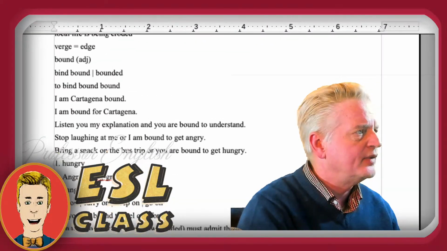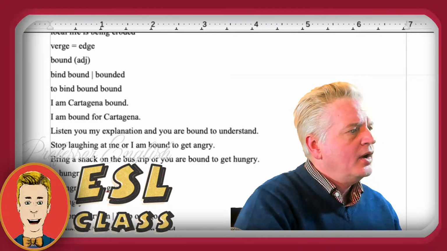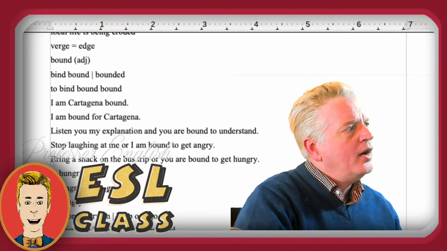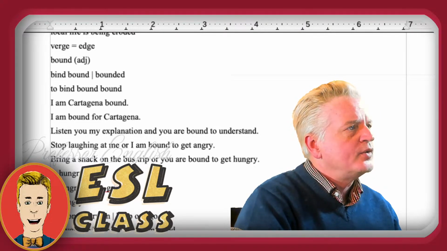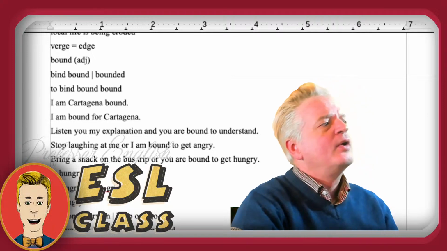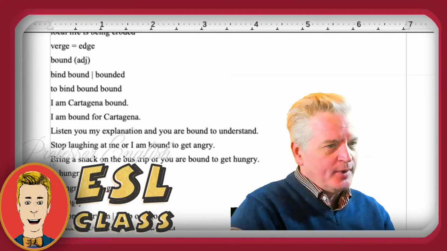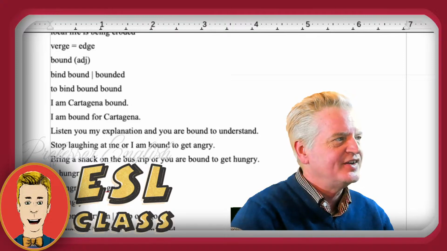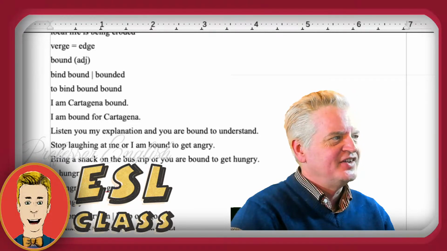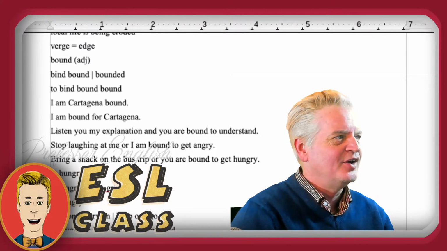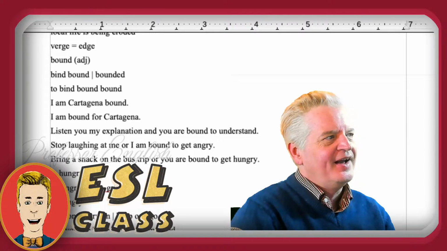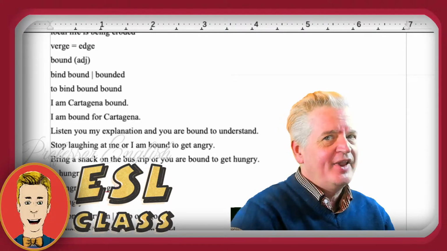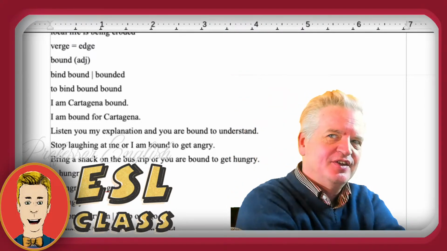Why were we talking about this? Oh, so for example, this guy was Spanish, but we were talking about visiting South America. So that's why I'm using Cartagena as an example. That's a famous city in Colombia, Cartagena. And he's going there in August.